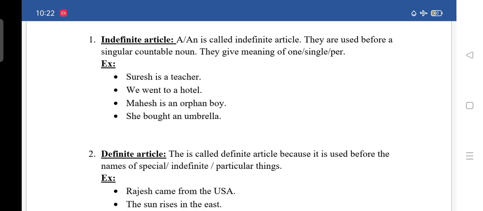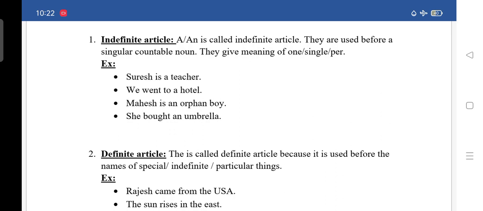They are used before a singular countable noun, and they give the meaning of one or single or per. Countable means which we can count by giving numbers 1, 2, 3, 4, 5, like that. So it is telling that it is used only before a single countable noun. Before a single countable noun only we can write a or an, and it gives the meaning of one or single.